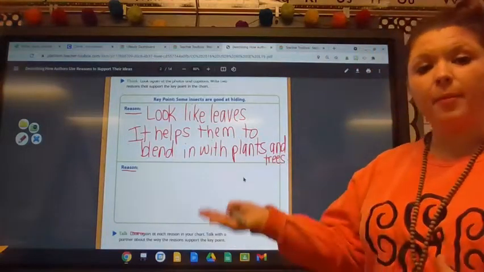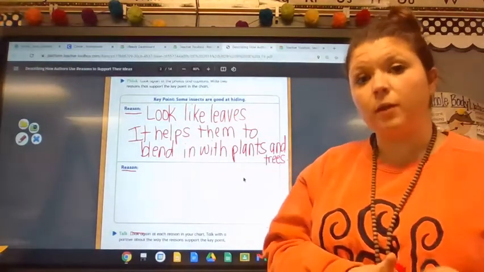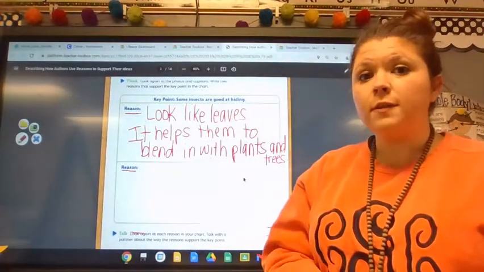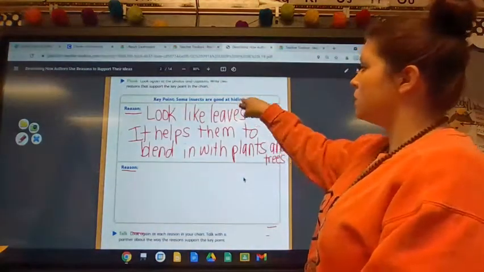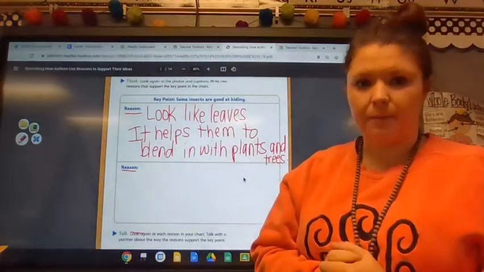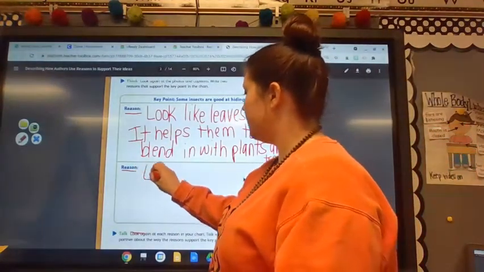All right, now think about the second photograph of the walking stick. What did the words tell us? What facts did the author give us that support why insects are good at hiding? The walking stick looks like a twig.